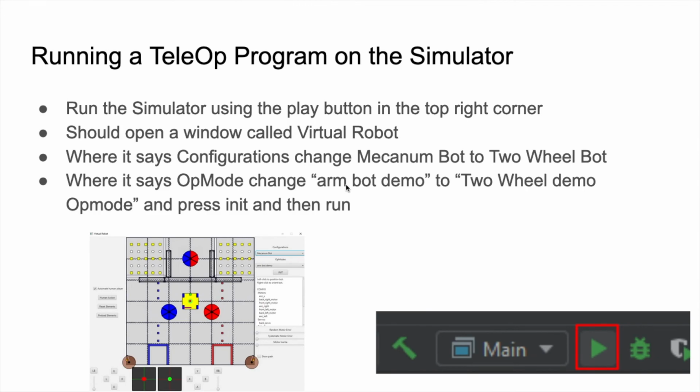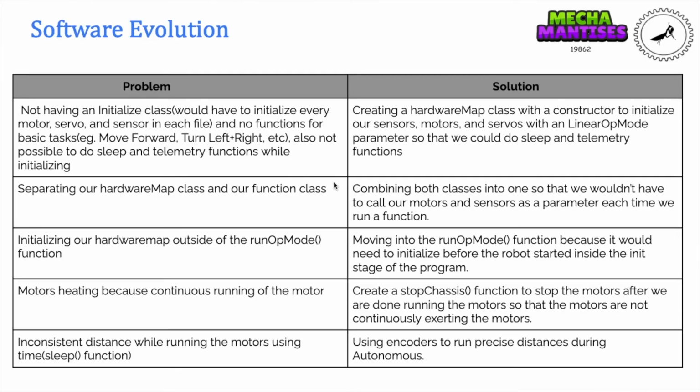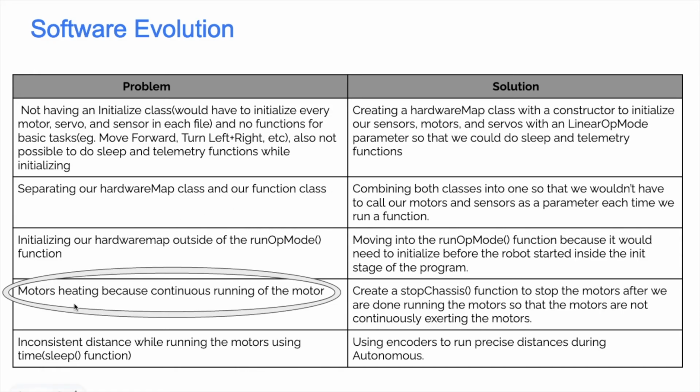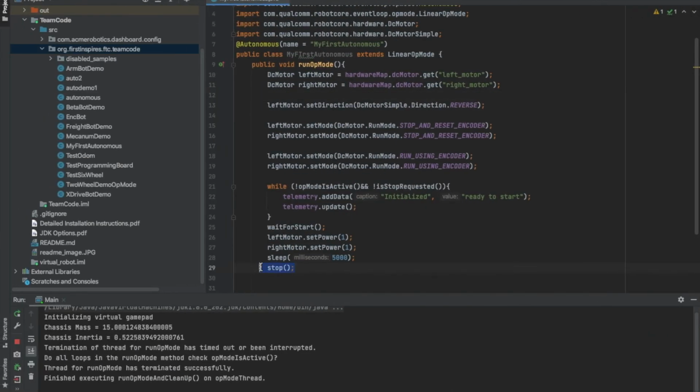So we're going to be going over a few problems with this. So first is that motors can heat because of continuous running of motors. We already solved this in one way. So basically you always want to put a stop at the end of your autonomous or the motors will keep running.